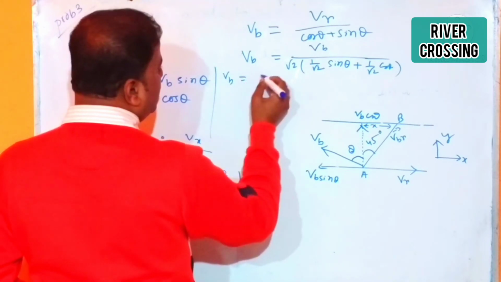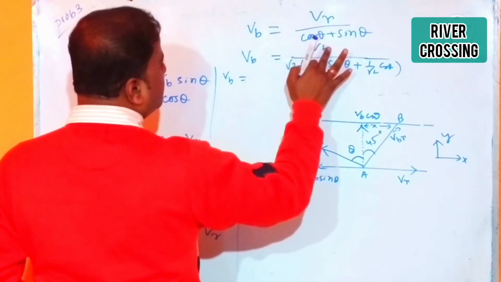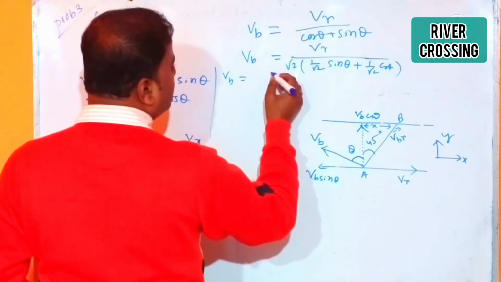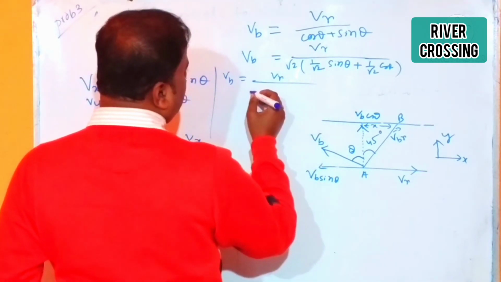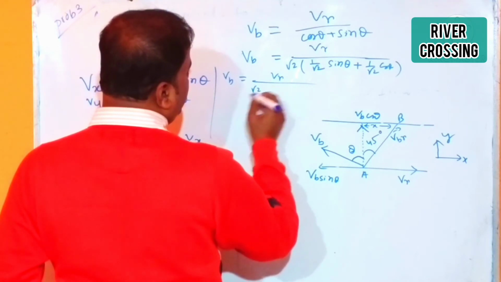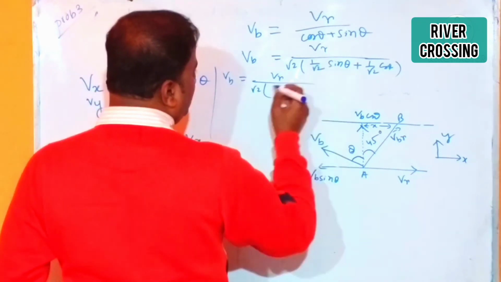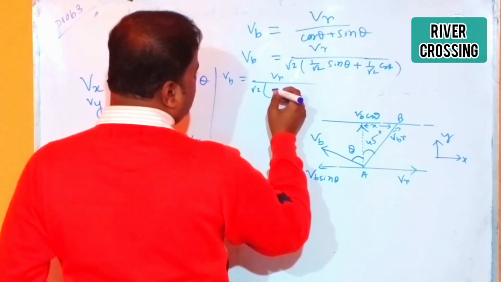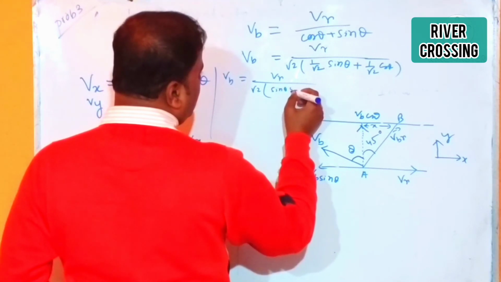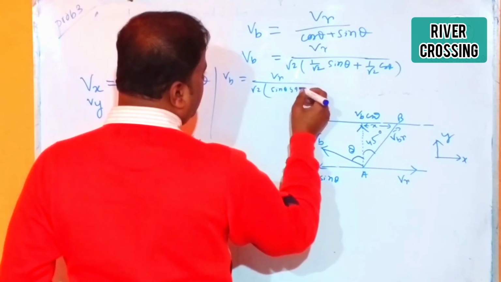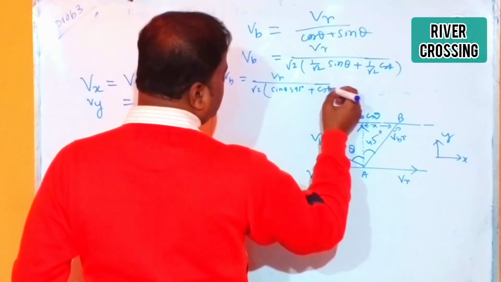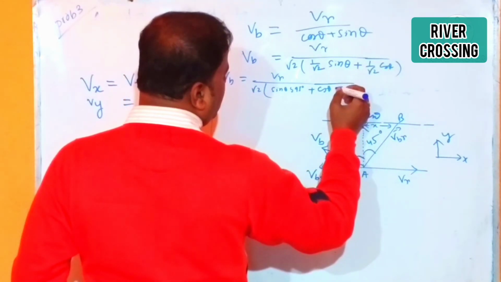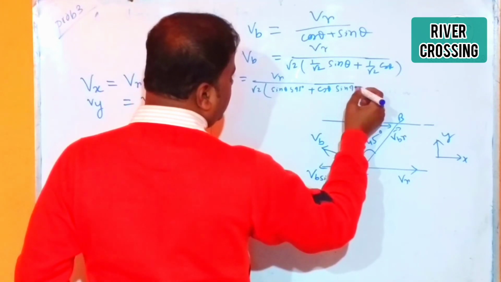Therefore, Vb equal to Vr by root 2 into, this is cos 45 degree, so sin theta cos 45 degree plus cos theta, we can write 1 by root 2 equal to sin 45 degree.